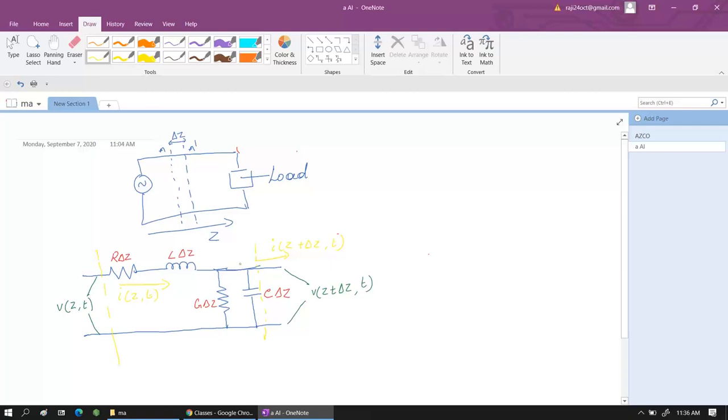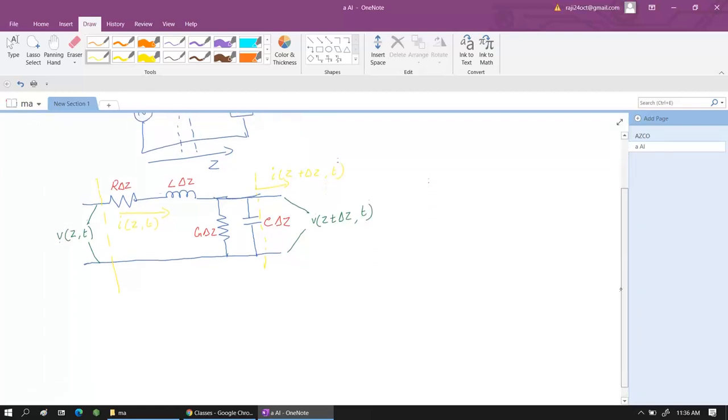So this is what you will get when you see that circuit in that small distance.